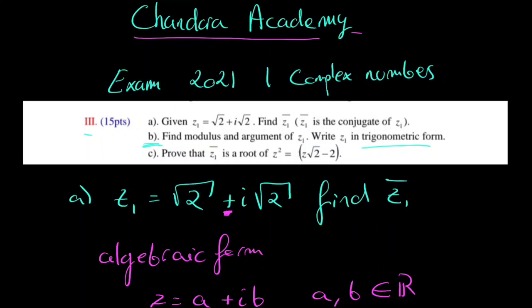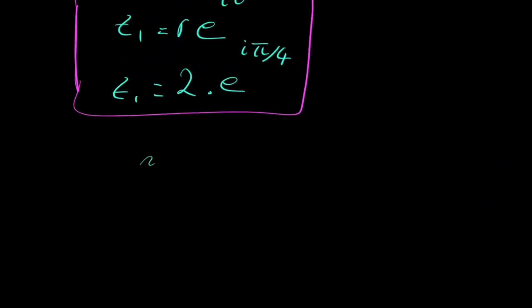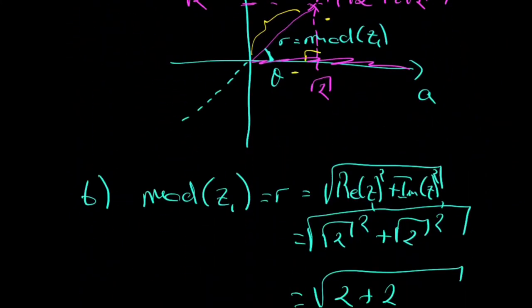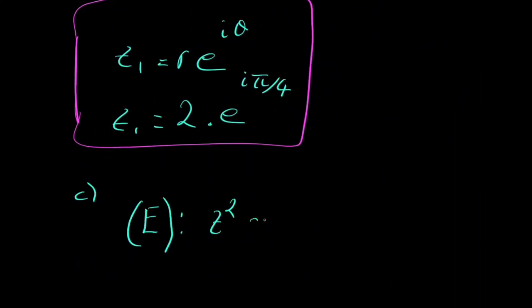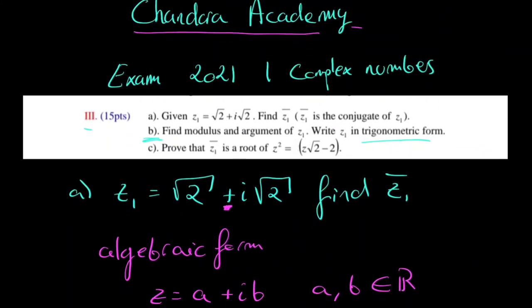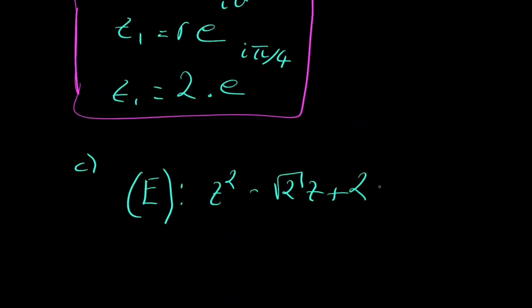So z squared, we are just going to write the equation: z squared minus square root of 2 z plus 2 is equal to 0.